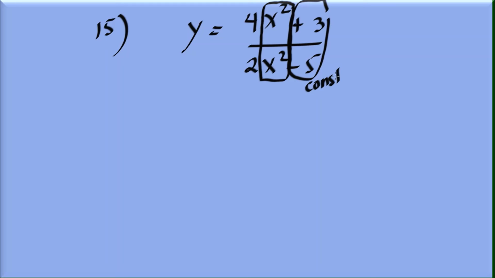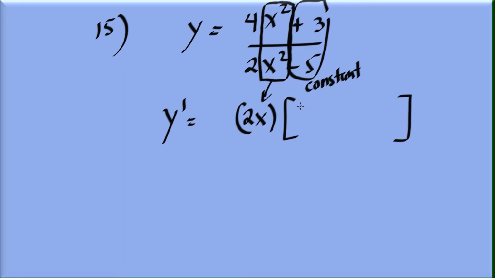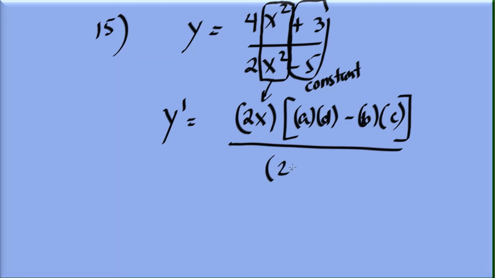That makes this a perfect form for the quotient rule trick. So what is the y prime here? Get the derivative of x squared, which is 2x, and then multiply it by the determinant, the simple formula AD minus BC, over that same denominator, 2x squared minus 5 squared, just like in the quotient rule.